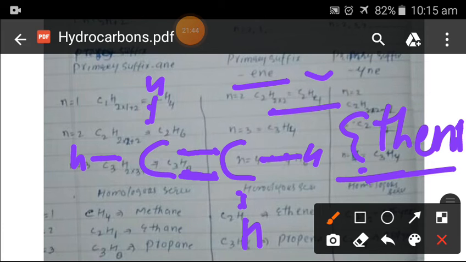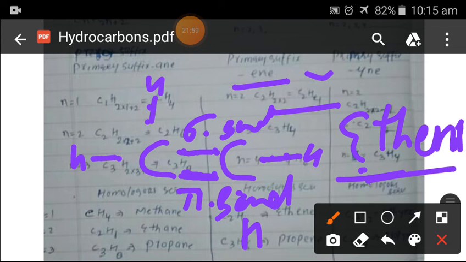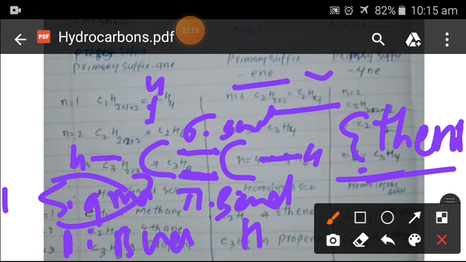But in the case of this carbon-carbon double bond, one bond is a sigma bond and the other bond is a pi bond. So among the two bonds, one is a sigma bond, and the other is called a pi bond. The sigma bond is a strong bond and the pi bond is a weaker bond.